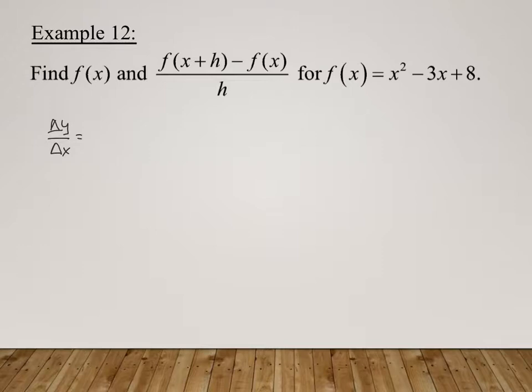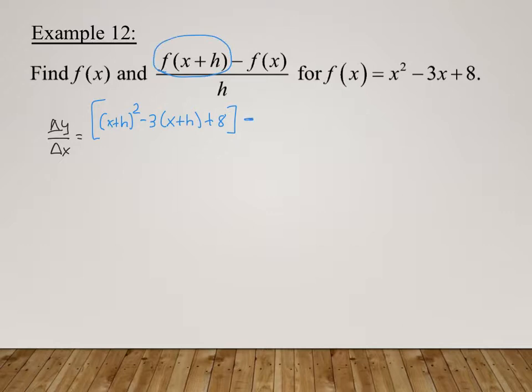So this is going to be x plus h squared minus 3 times x plus h, plus 8, and that's the first function. That's this function right here.